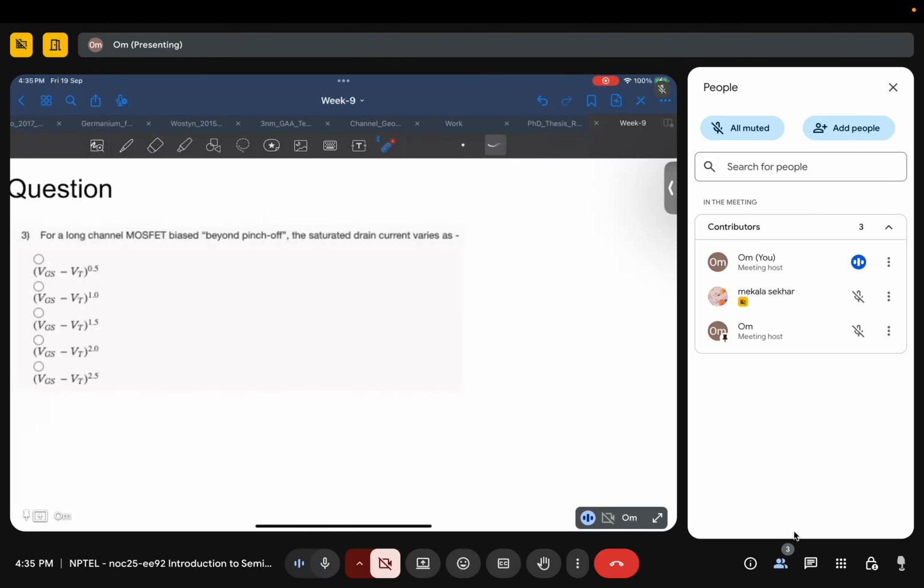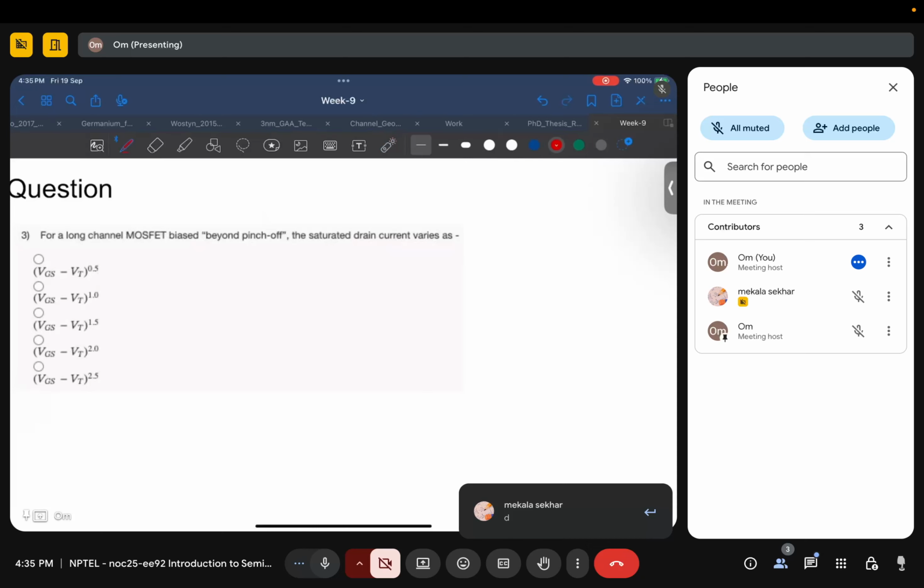For a long channel MOSFET biased beyond pinch off, the saturated drain current varies as, right. It is this option.